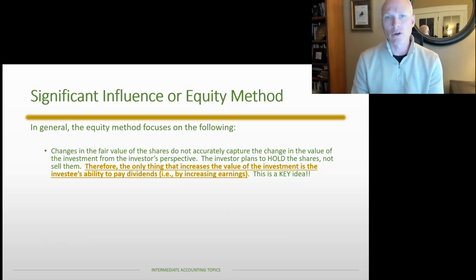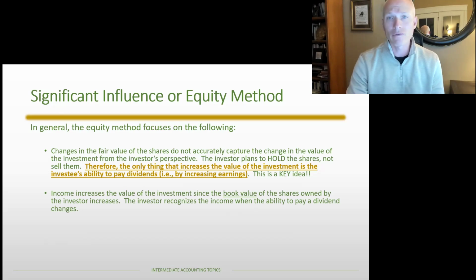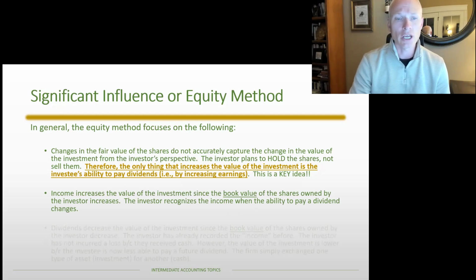And so we really do focus on net income and dividends and basically changes to retained earnings, because the value to the holder is whether we are increasing the ability to pay dividends. And so, as the investee records income, that increases the book value of those shares. And that's when I'm going to recognize income, because their ability to pay a dividend has changed.